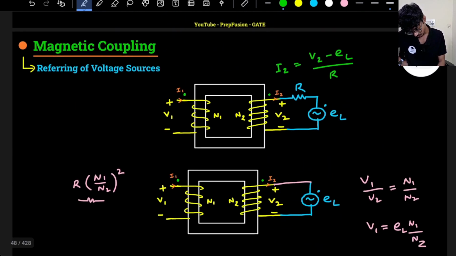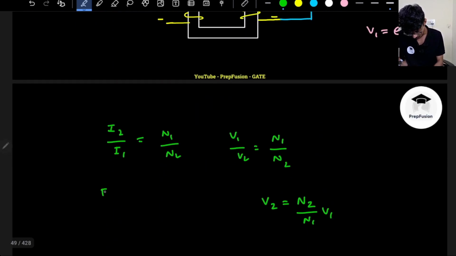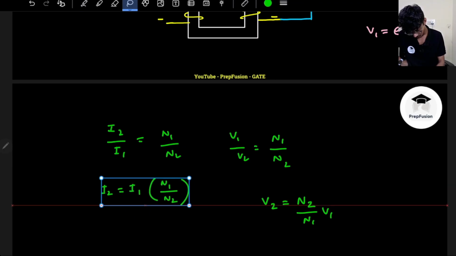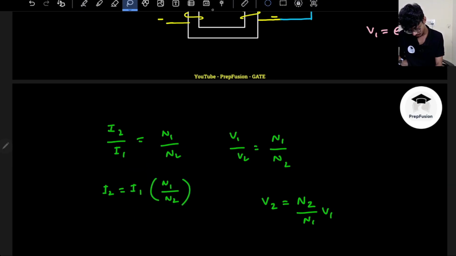I just wanted to find something. I2 I can also replace: I2 is equal to I1 into N1 divided by N2.